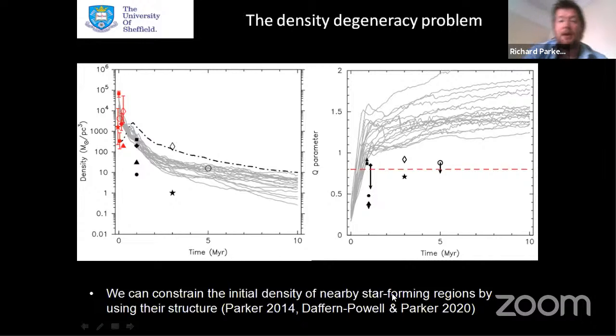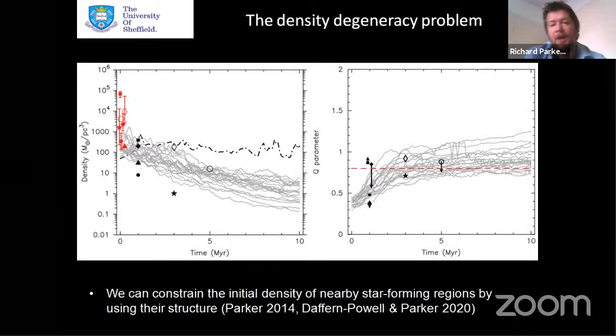If we alternatively make our star-forming regions less dense to begin with, decreasing the density by a couple of orders of magnitude, and do the same thing, the simulations are much more consistent with the observational data.